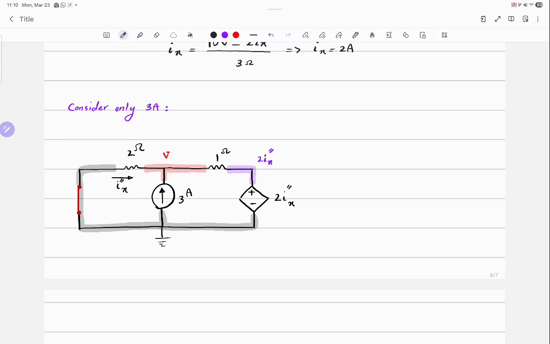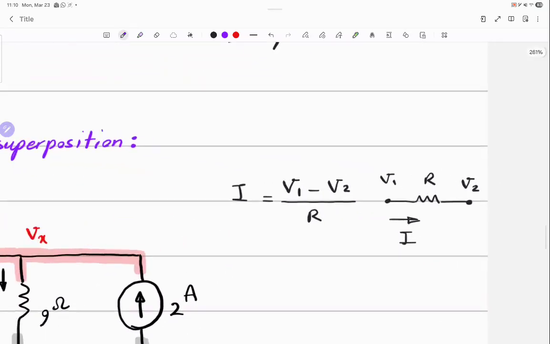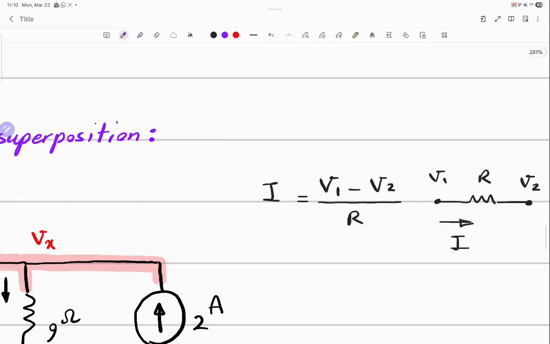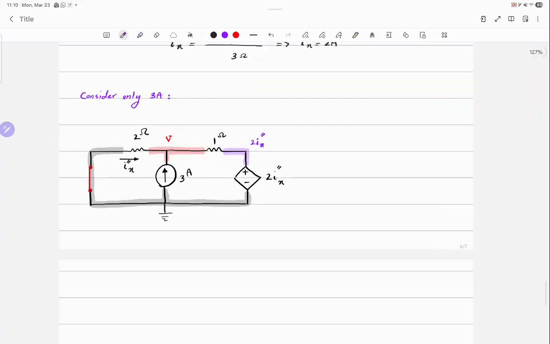You can replace I double prime x with b minus 0 over 2. Small mistake: 0 minus v. You still not believing me that this is the most important thing in this course? 0 minus, because of the direction, right?